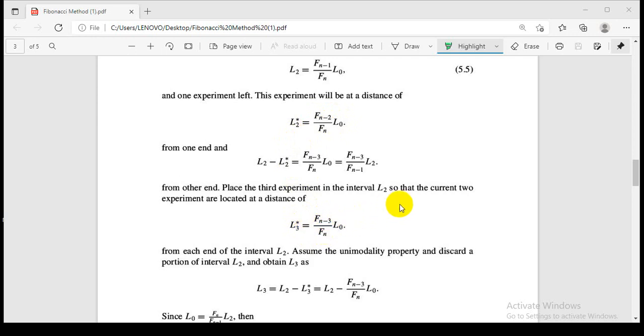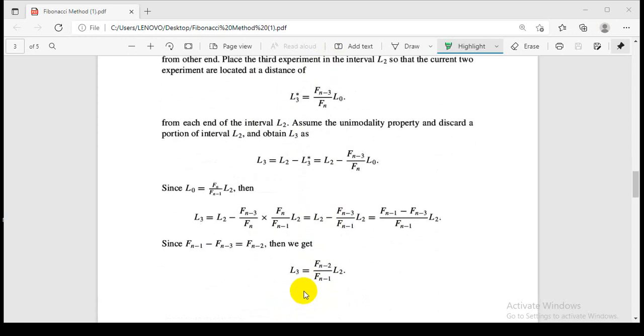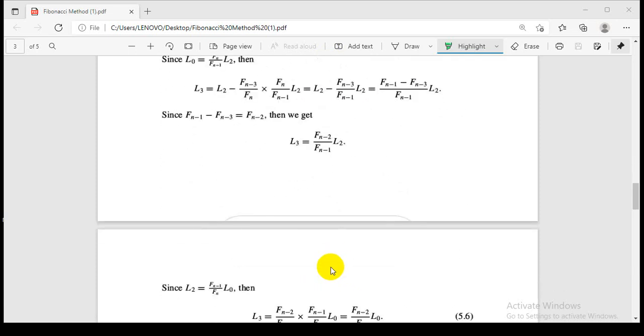L2 equals Fn minus 1 over Fn multiplied by L0, and L3 equals Fn minus 2 over Fn minus 1 multiplied by L2, and so on.